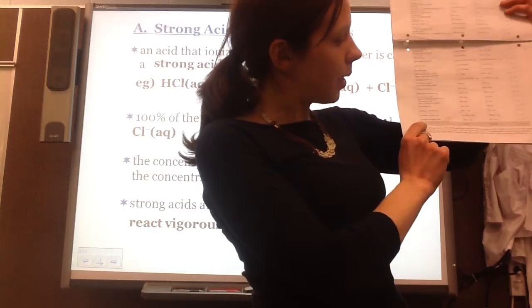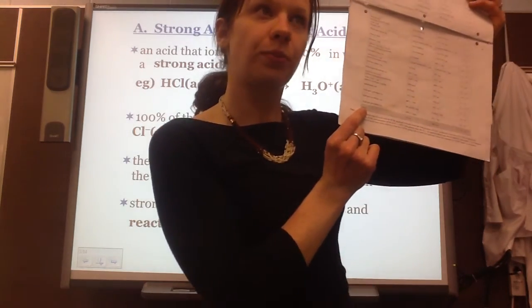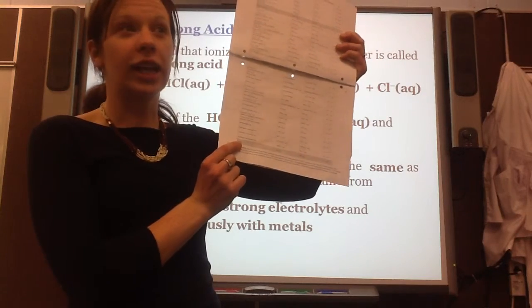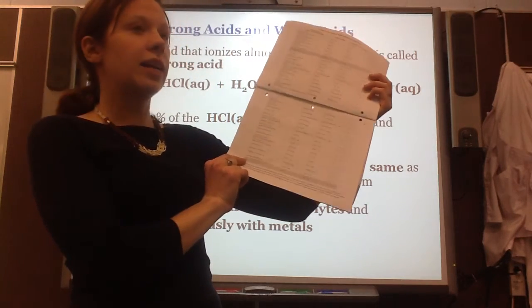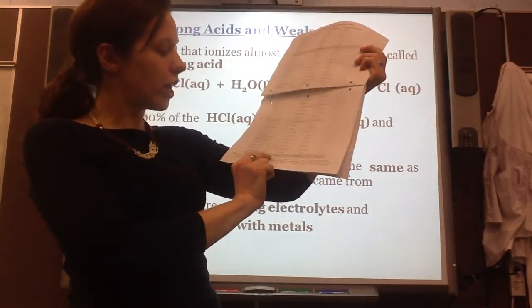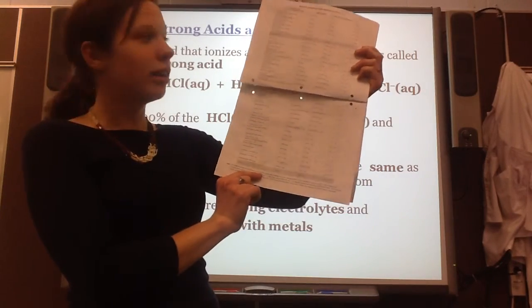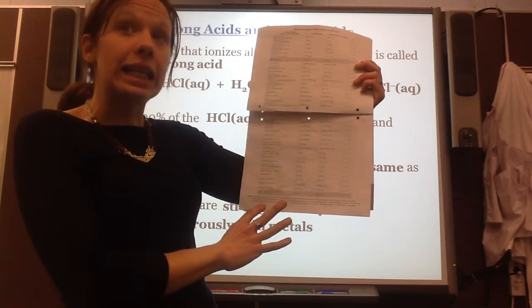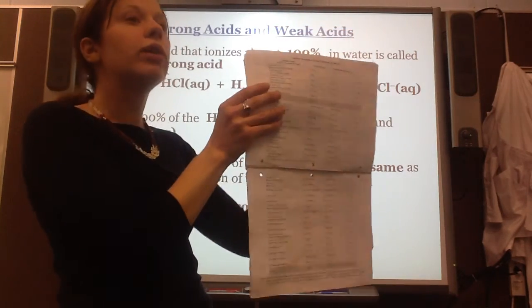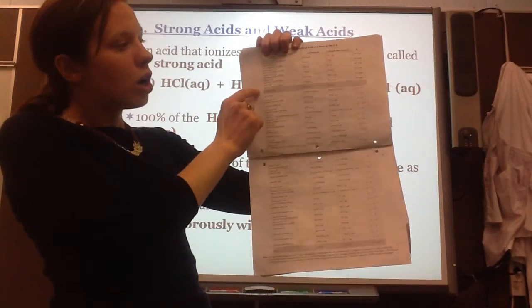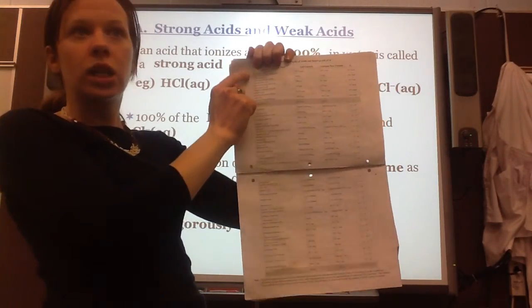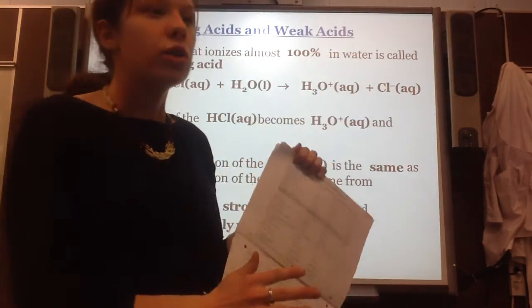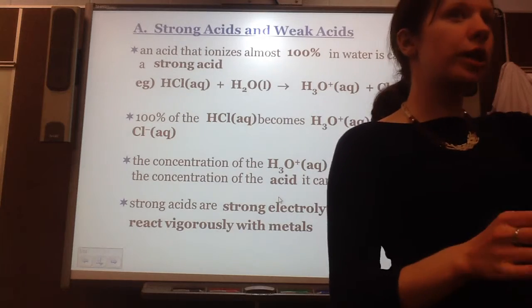Now look, what's at the very bottom of the list? Water, because it's kind of like the neutral. Once you get all the way down there, that's not very acidic, right? So as we go down, it decreases in acidity. Most acidic, so you can write this in your data booklet: 100% ionization, strong acids, these 6 ones. You don't have to memorize them, you can just look in your data booklet.